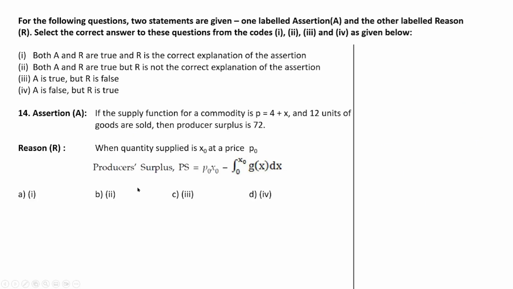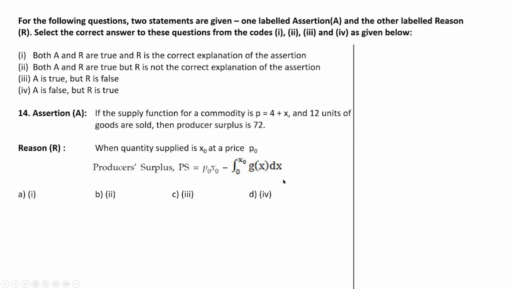Next question. The assertion is: if the supply function for a commodity is P equal to 4 plus X and 12 units of goods are sold, then producer surplus is 72. Reason is: when quantity supplied is X naught at a price P naught, producer surplus is given by P naught X naught minus integral 0 to X naught g of X dx, where g is the supply function.